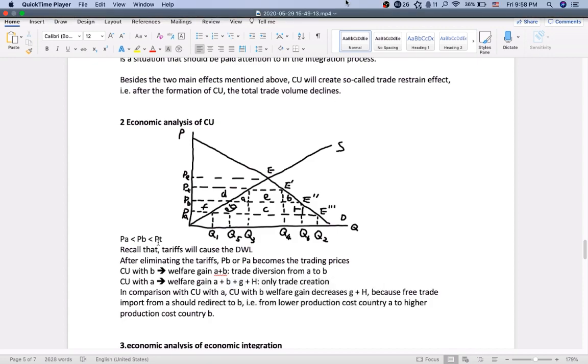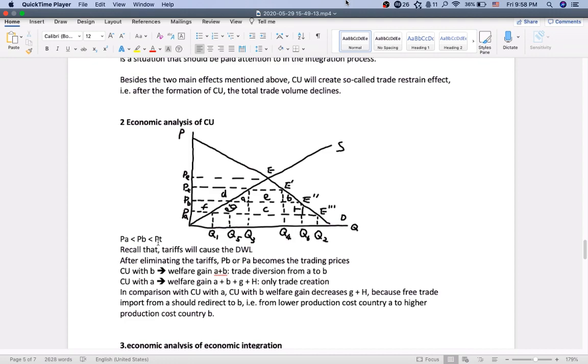So you can also see these charts in the lecture notes. For the purpose of the study, we assume that the countries involved are small countries, that is, passive recipients of market prices. And the analysis is carried out on the basis of local equilibrium.